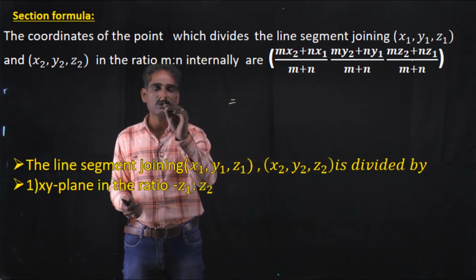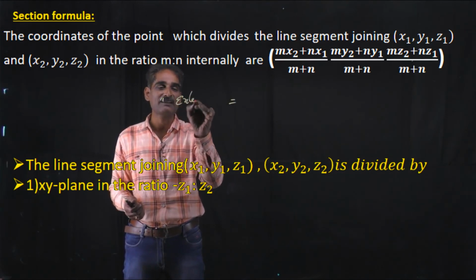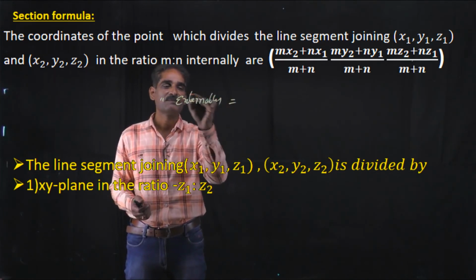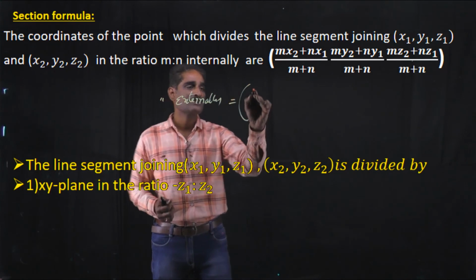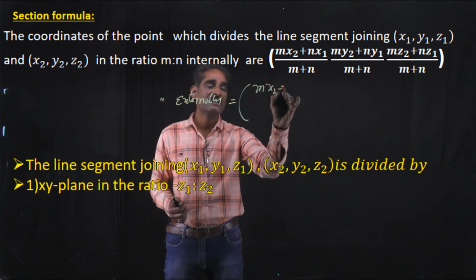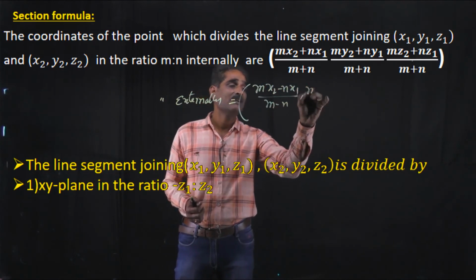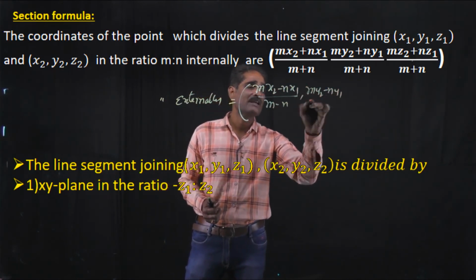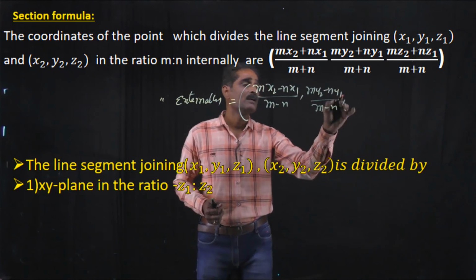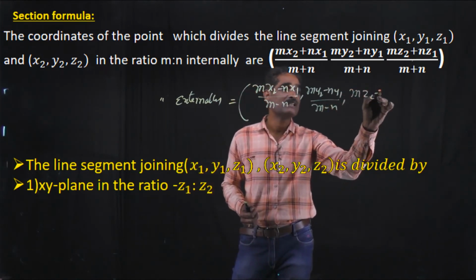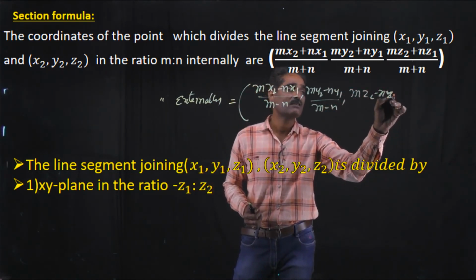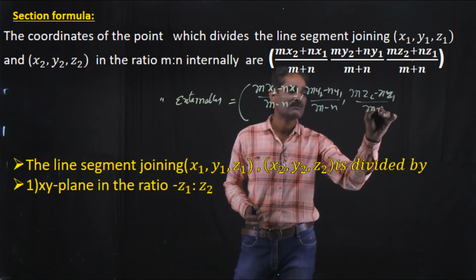If in the ratio m is to n externally, what will happen? You will get it like this: (mx2 minus nx1) by (m minus n), (my2 minus ny1) by (m minus n), and (mz2 minus nz1) by (m minus n).